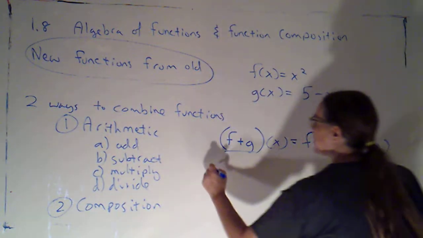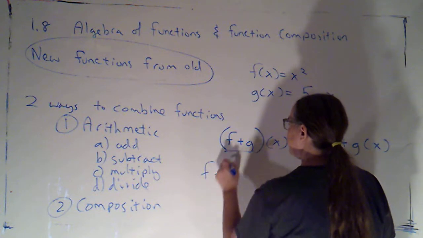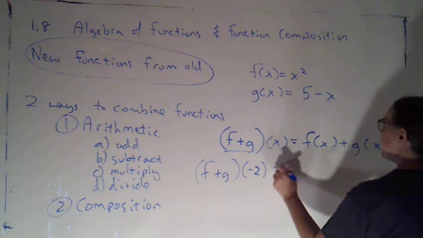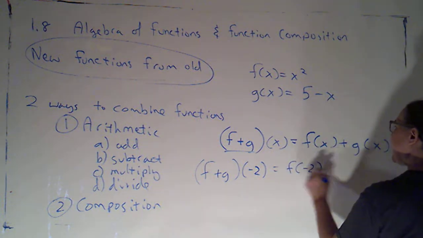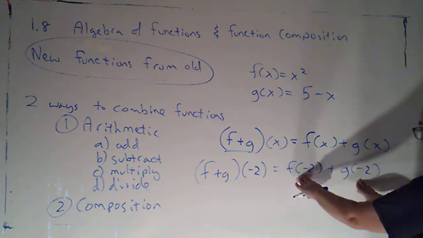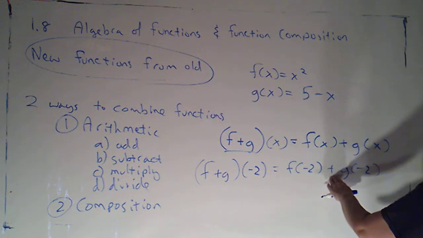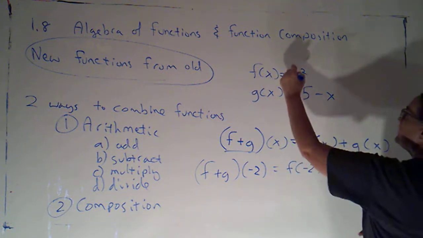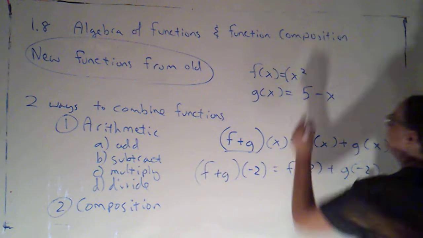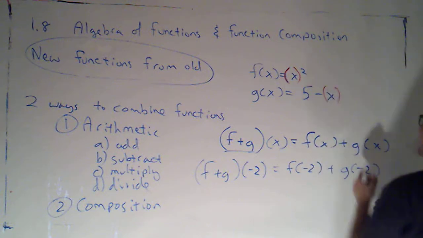So for example, if I wanted to evaluate f plus g at negative 2, that would simply be f at negative 2 plus g at negative 2. I evaluate each function, then I add the results. I'm going to put some placeholding parentheses around my x's.